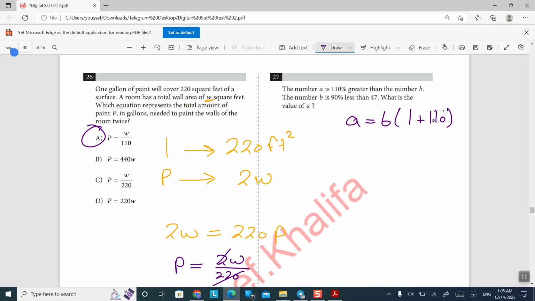Yes, 1.1 times B. And the number B is 90% less than 47. What is the value of A?